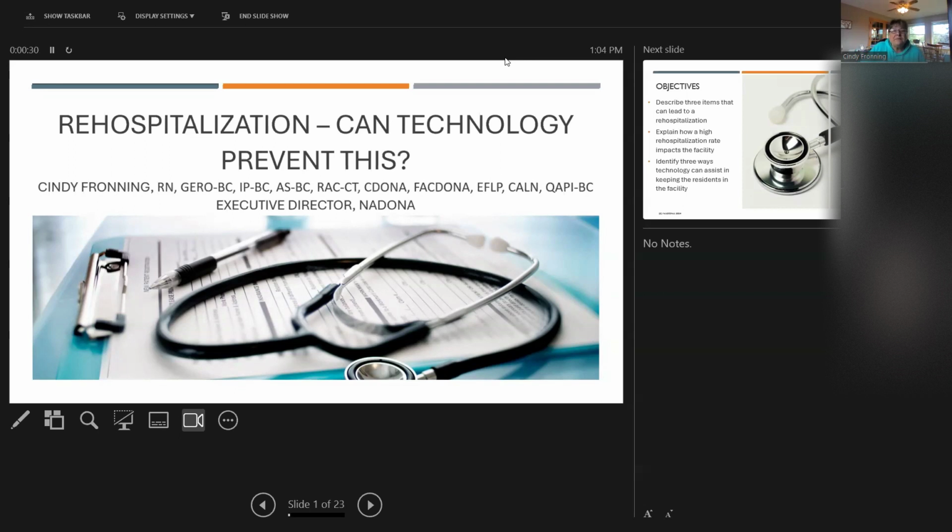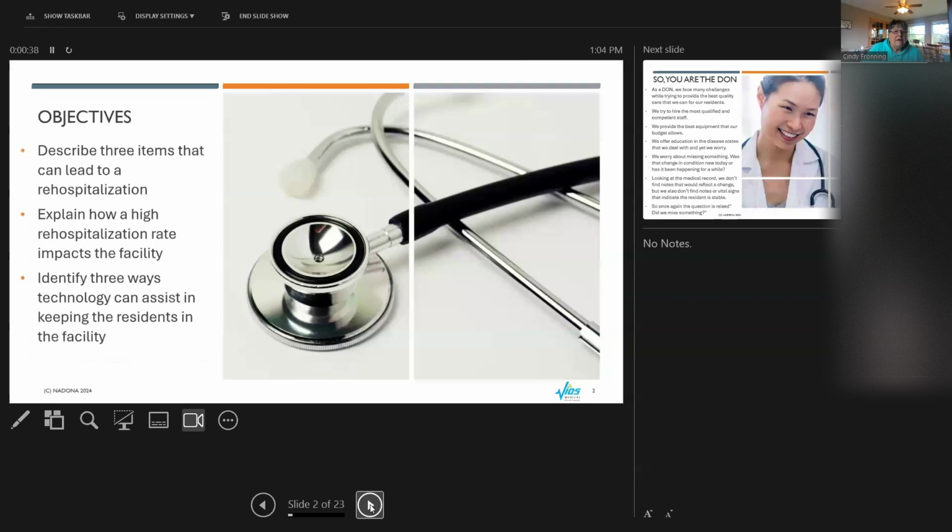Again, this presentation is rehospitalization. Can technology prevent this? So what we're going to look at today is what leads us to a rehospitalization or even to a hospitalization. What's happening with our residents that causes that concern?